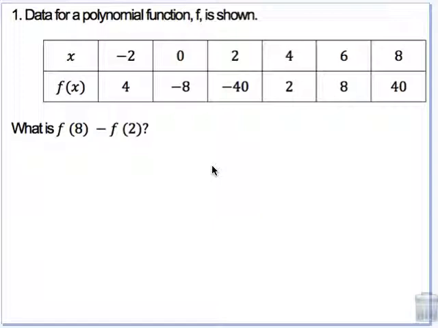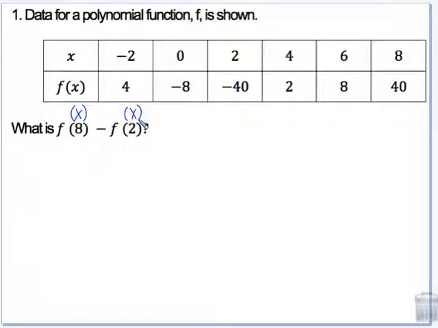And this is your very first question. Most of my students, hopefully, will remember how to answer this question from their algebra class. If you get this wrong, it's because you forget that the numbers in parentheses represent your x values.